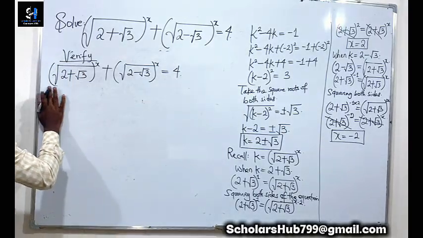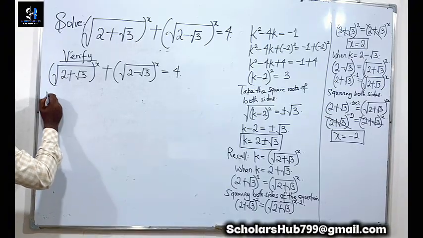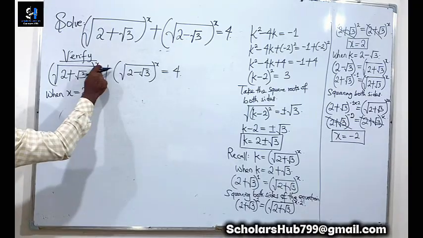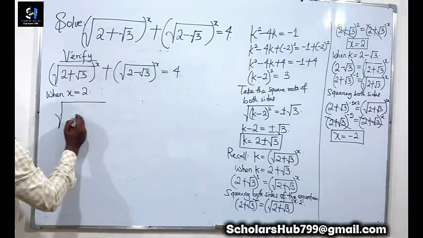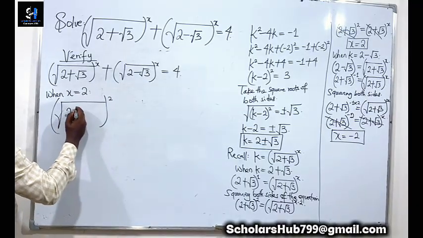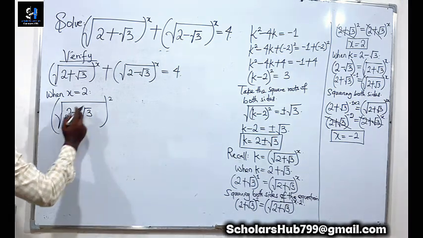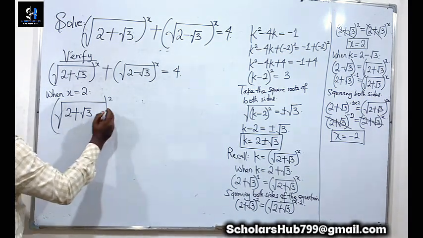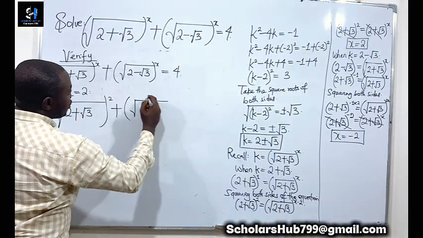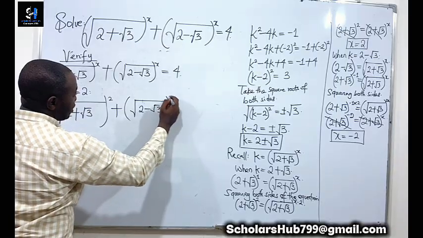Now, when x is equal to 2, it means that this will be the square of radical 2 plus root 3 plus the square of radical 2 minus root 3.